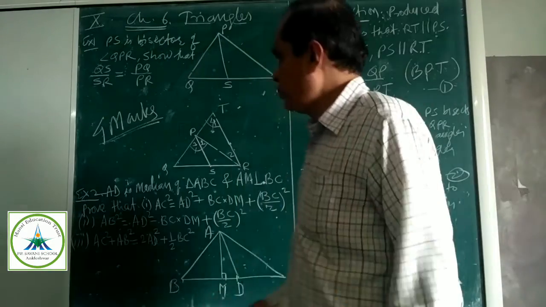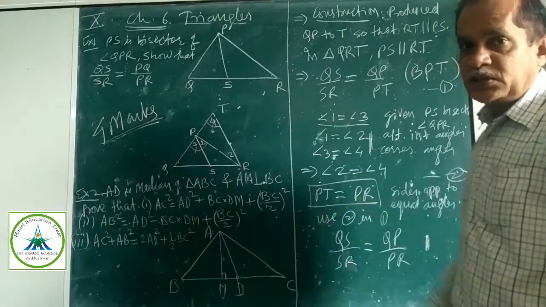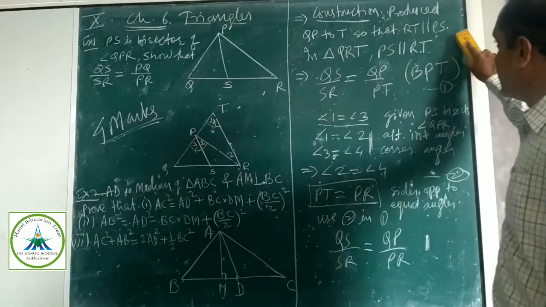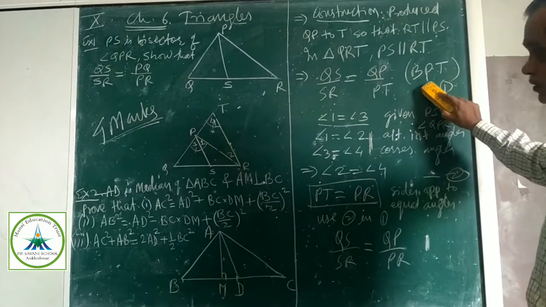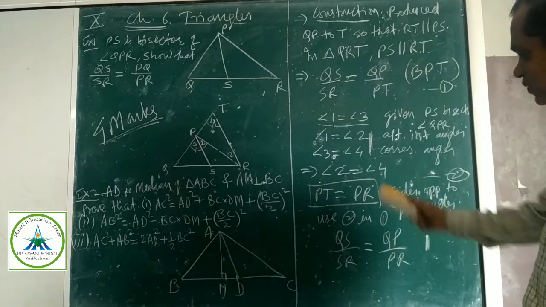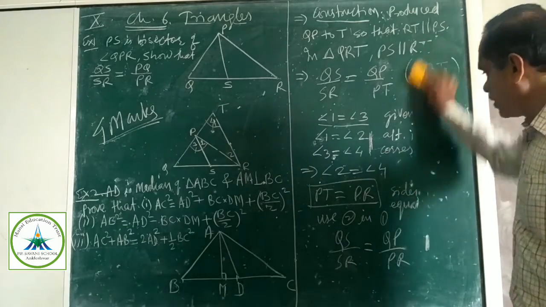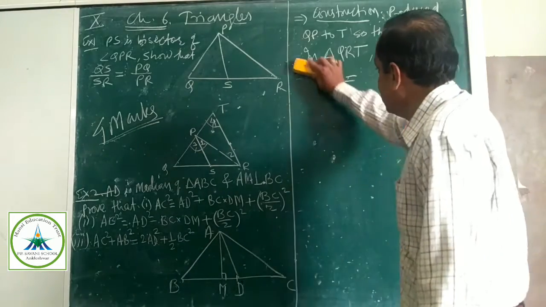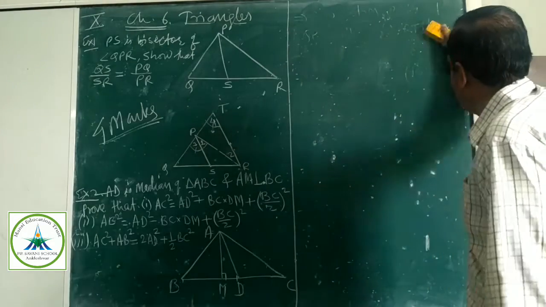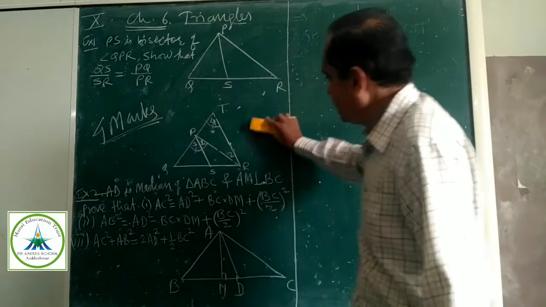Look, students, all of you, I hope now you understood this. We wrote the construction properly, then BPT, then all the angles made by the transversal. The important part is the construction, and with the BPT you get 2 marks, then further 2 marks, then 4 marks. Right? Now see.